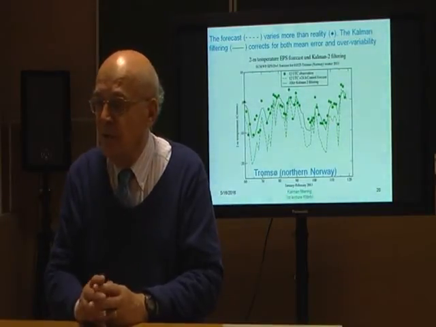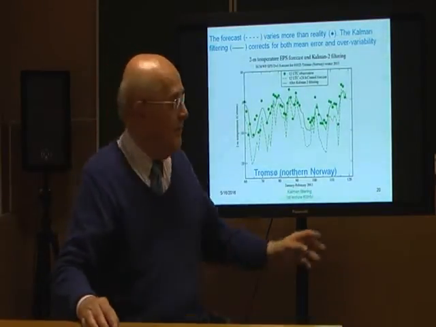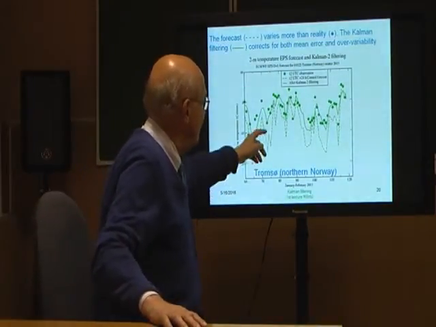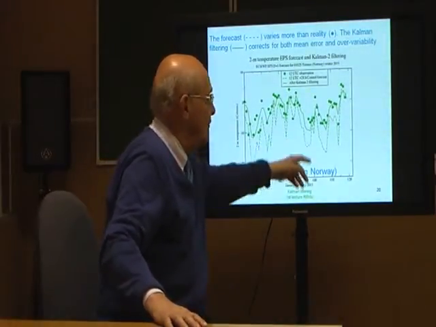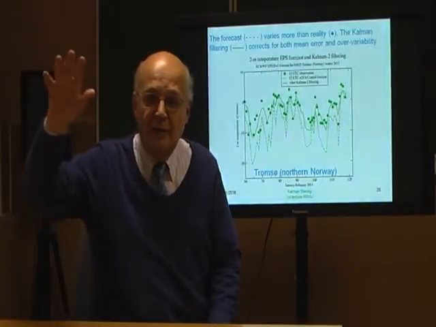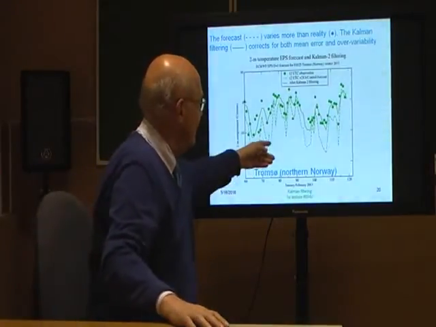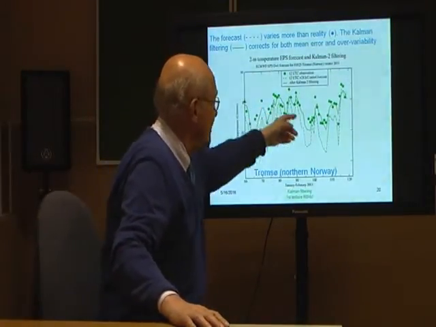So the forecast for Tromsø is obviously taken from a grid point at a high level, because the forecast is quite colder than the observations.